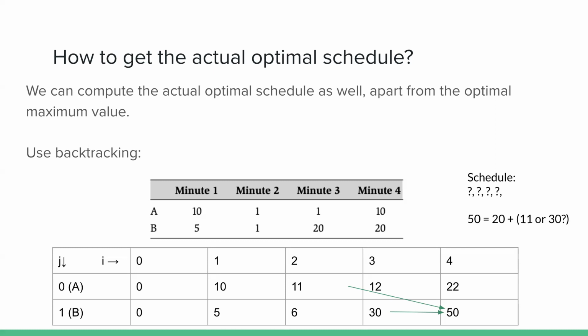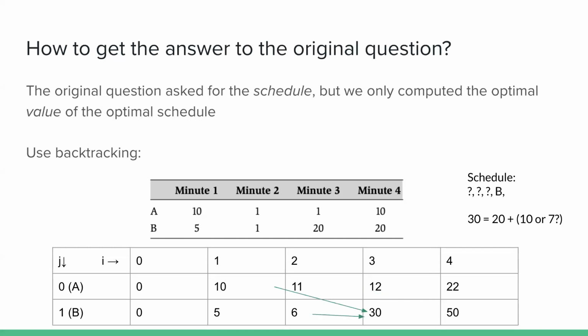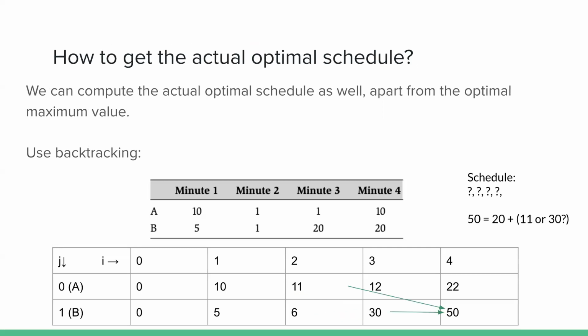So we know that, for this example, opt of B4 turned out to be the larger value. So we know that this came from either opt of A2 or opt of B3 from the recurrence.